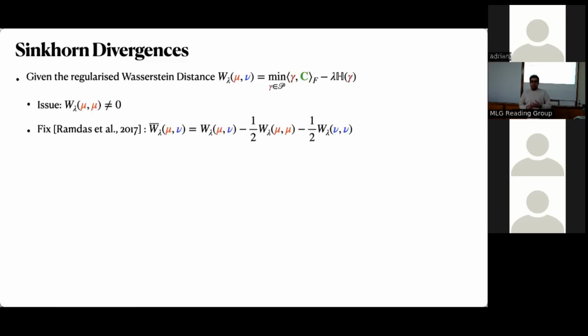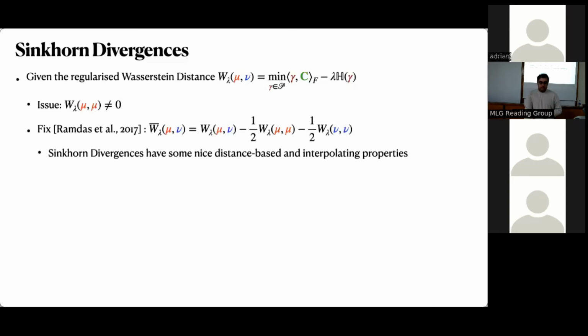And all they're doing is really subtracting from the regularized Wasserstein distance the measure of the distance with itself and the measure of the target measure with itself. And this ends up being a divergence because it satisfies all the properties that a divergence would satisfy. And it's also nice because this formulation, the Sinkhorn divergence, has some really nice distance-based and interpolating properties.